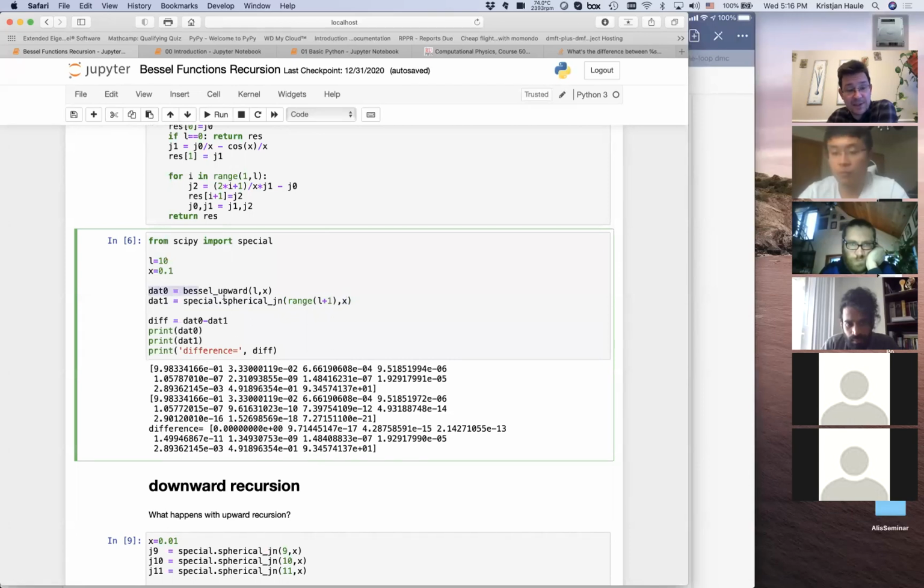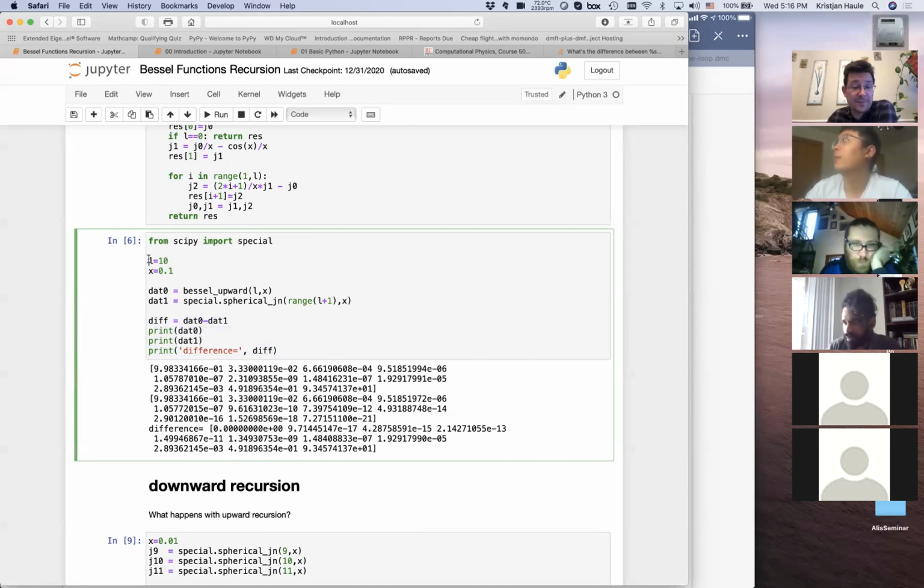And I'm going to also calculate these values with my upward recursion. So that one will contain now our values of the Bessel function with upward recursion, and that one will contain the one from the library. And the question is, how close are these two? We can, of course, just, both are arrays, so we can take the difference of the two arrays and call it diff, and then we will see how big the difference is.